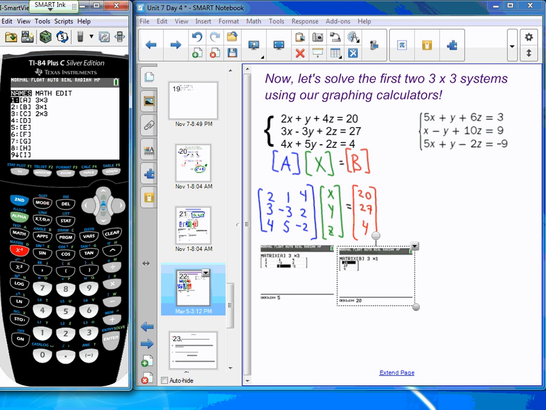So I want the matrix named A inverse. Times matrix B.